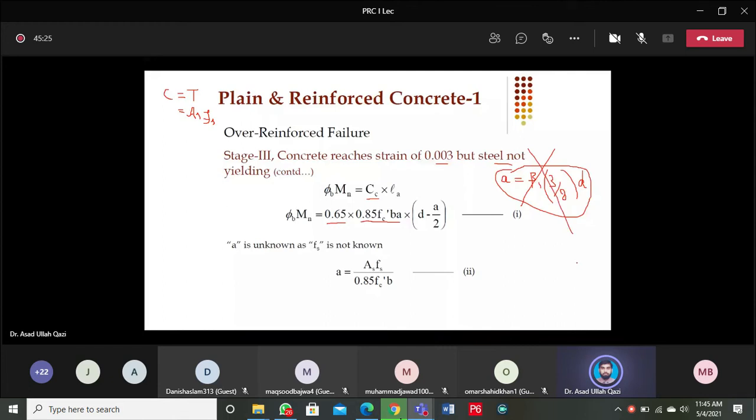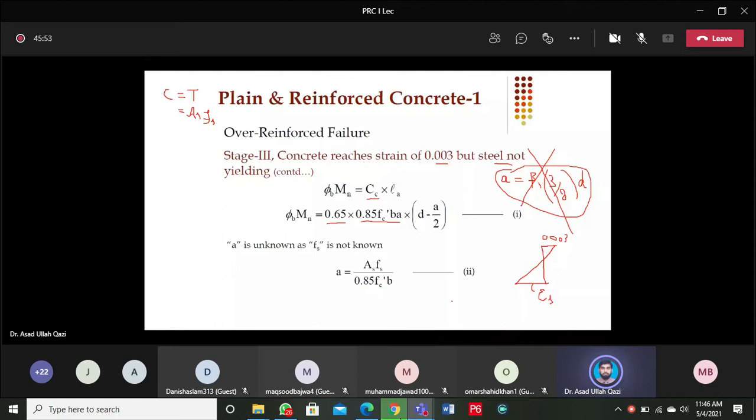It is, since it is over reinforced, and in my strain diagram it means when concrete will be at 0.003 crushing in concrete, steel will be at some strain epsilon s, but its mechanical value is not known to me.